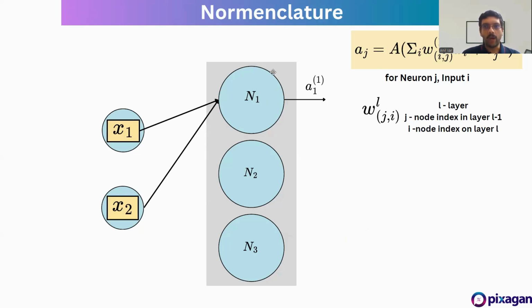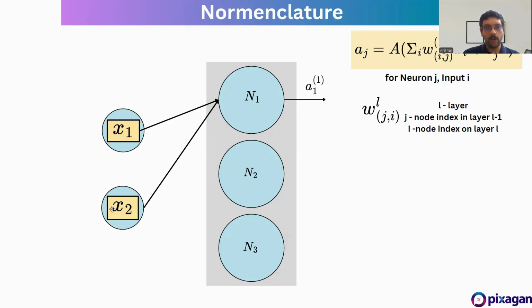So in this case, there's just one layer, and the weight associated with this particular input will be W1, j is 1 for input 1, and it will be the corresponding first neuron, so it will be N1.